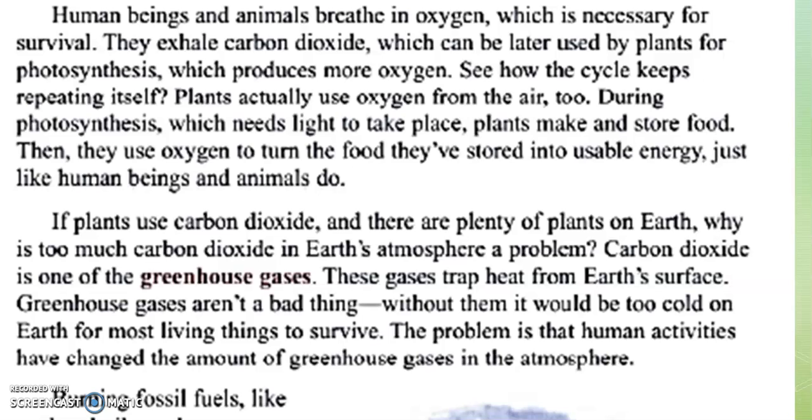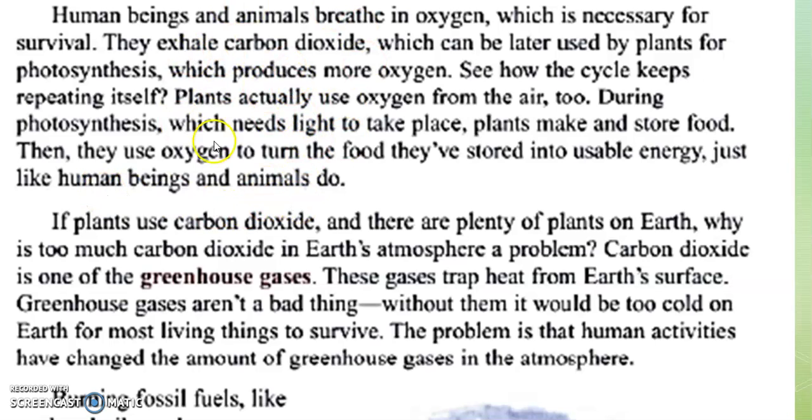From the earth too, right? During photosynthesis, which needs light. Light is necessary for photosynthesis. Water is necessary. Yeah, water, air, and carbon dioxide. Plants make and store food. Then they use oxygen to turn the food they store into usable energy, just like human beings and animals do.